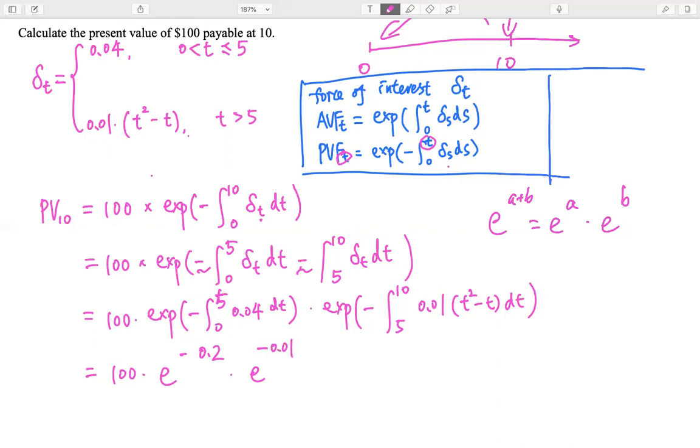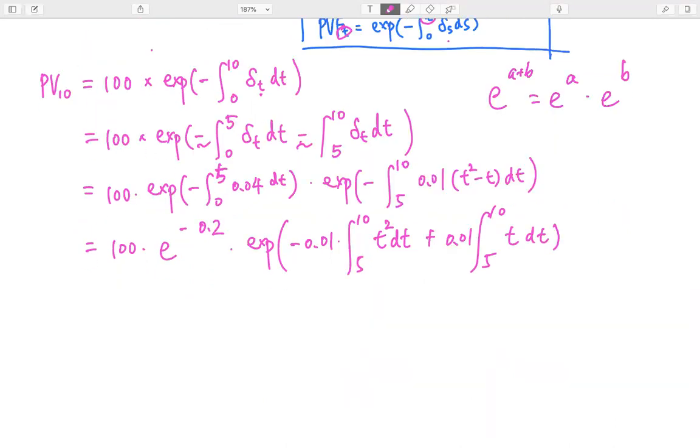So you should break it up. Let me write everything in full detail, just in case some of you are not comfortable with calculus. So break this, and I have another one. Since this is a constant factor, I can take it out. So this becomes a plus. Okay, keep writing, so copy what I already have.